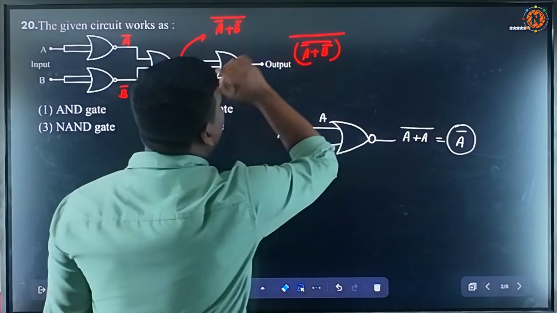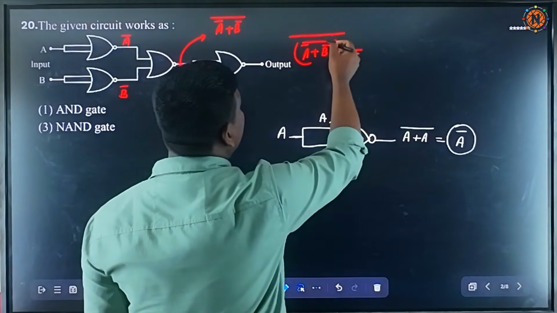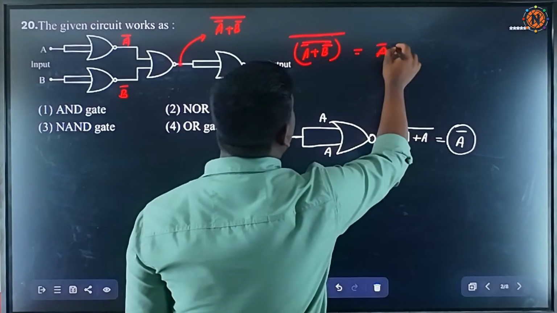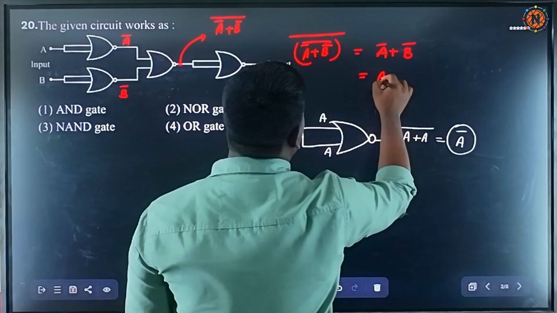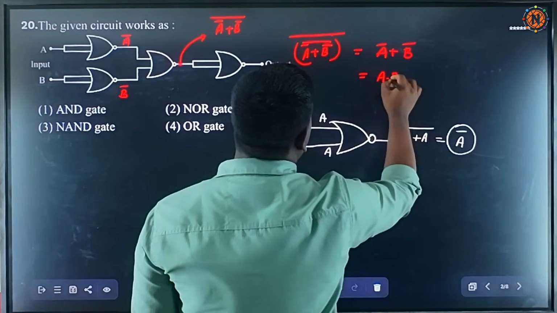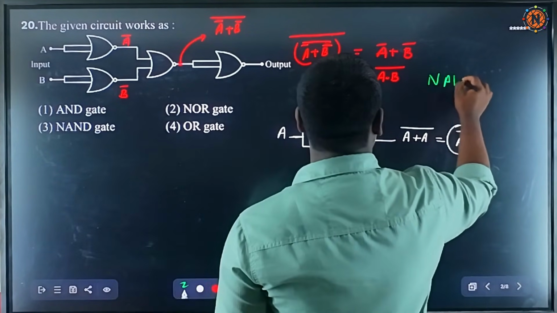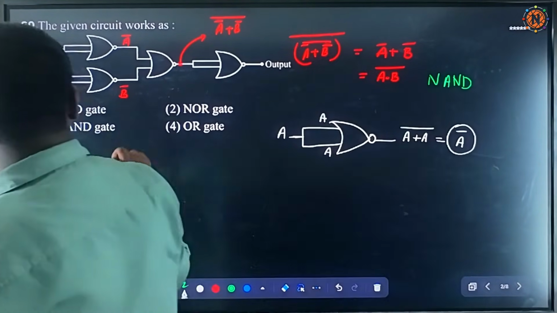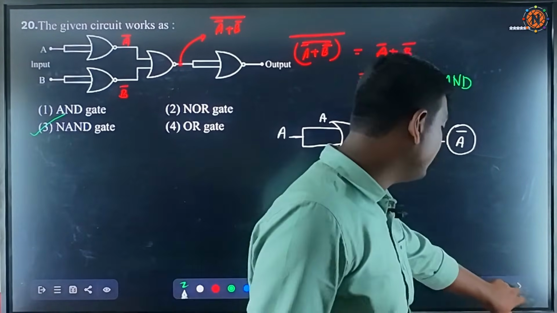According to De Morgan's law, we can write this as (A dot B) whole bar. That is nothing but a NAND gate. So this is option 3. Very simple question, very basic. Okay, let's go to the next question.